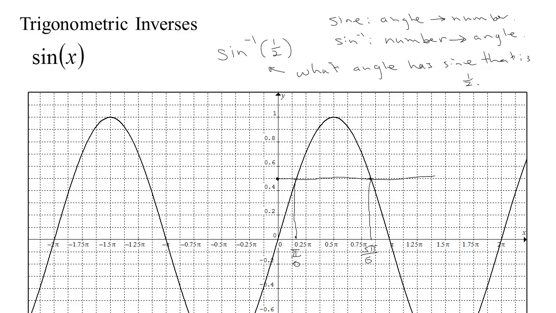And you can see there's actually infinitely more, right? Because it's a periodic function. You can always keep going and find more and more and more, either to the left or to the right. So there are several answers here. Well, infinitely many, really. So you can have pi/6 plus any multiple of 2 pi. Since sine is a 2 pi periodic function, you could add any integer multiple of 2 pi, and that would give you an answer, right?